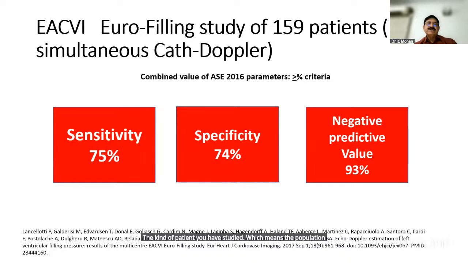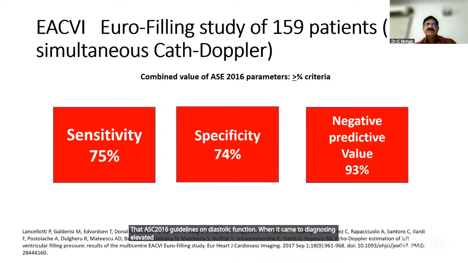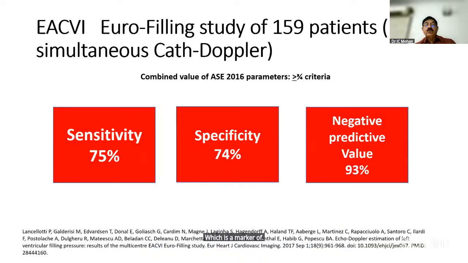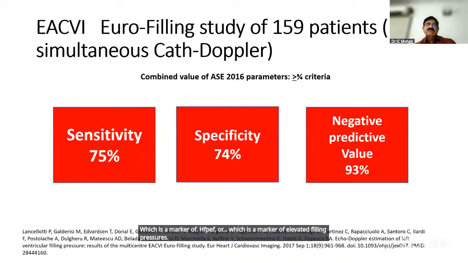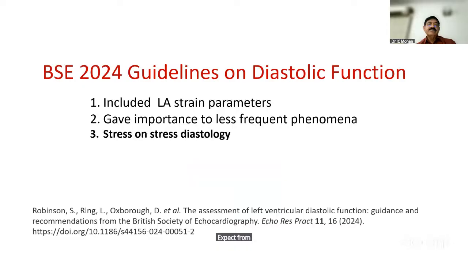But nevertheless, one thing was clear: the ASE 2016 guidelines on diastolic function, when it came to diagnosing elevated filling pressure at rest, which is a marker of HFpEF, the sensitivity was nothing to talk about. It was much lower than what one would expect from an algorithm.